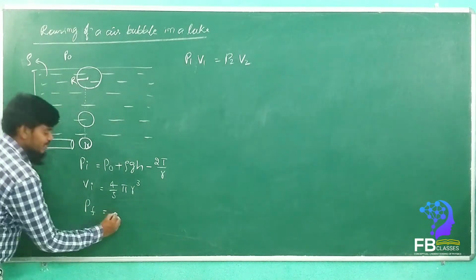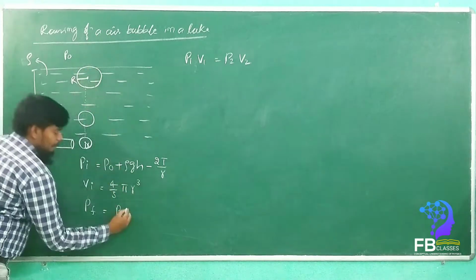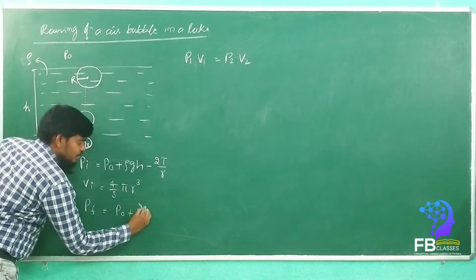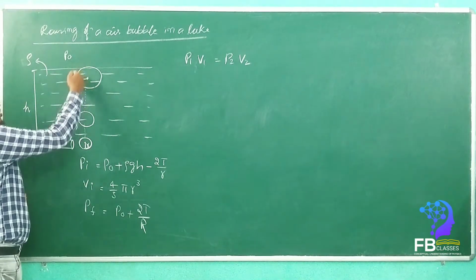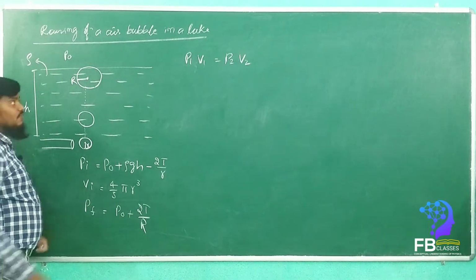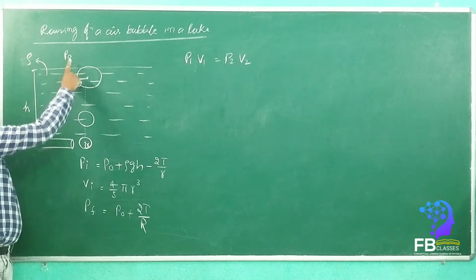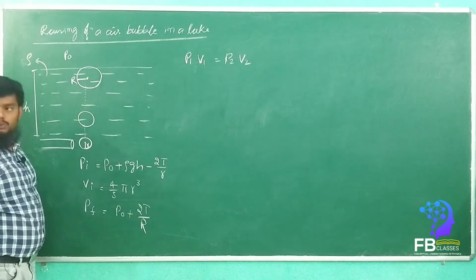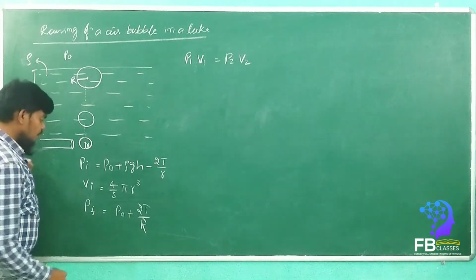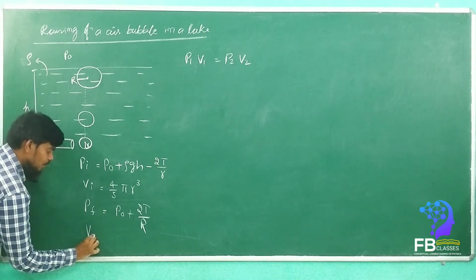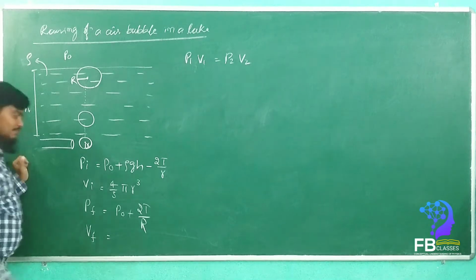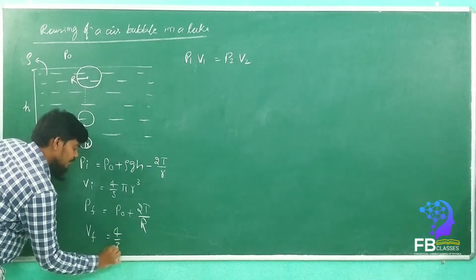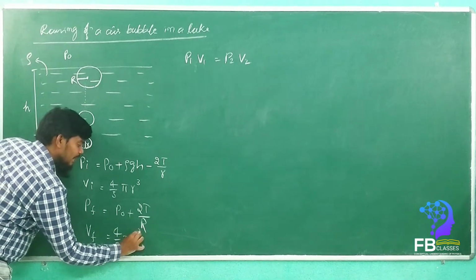In the same manner, we can write the final pressure. What is the final pressure, my dears? P naught plus only the excess pressure, that is 2T by capital R. Now it is a capital R. Once it touches the surface of the liquid, it is P naught plus the excess pressure 2T by R. What is the final volume, my dears? Simple, 4 by 3 pi capital R cube.